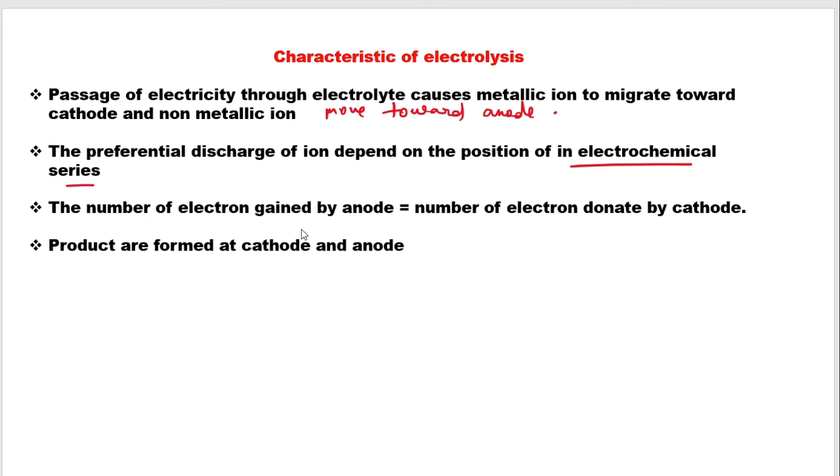Now, the number of electrons gained by the cathode must be equal to the number of electrons donated by the anode. That is, if the anode donates 2 electrons, the number of electrons gained by the cathode has to be the same, and you will have products formed at the cathode and anode.